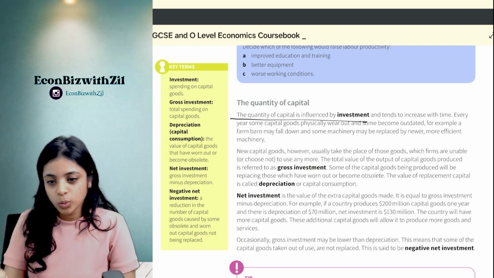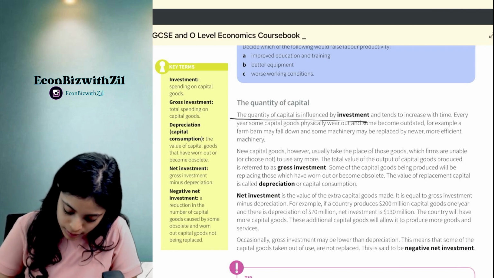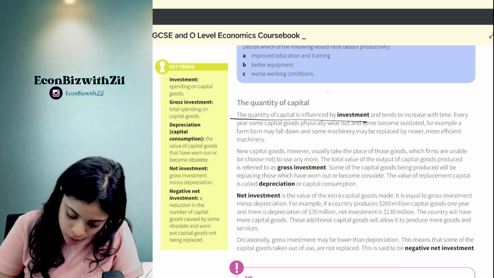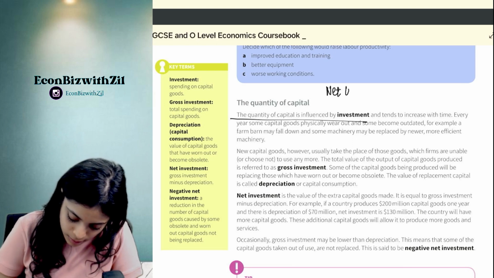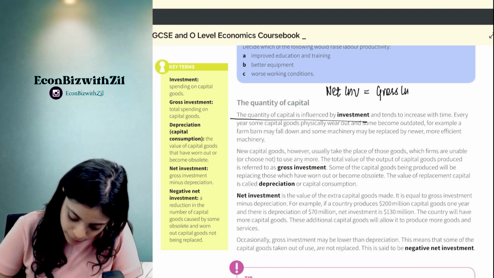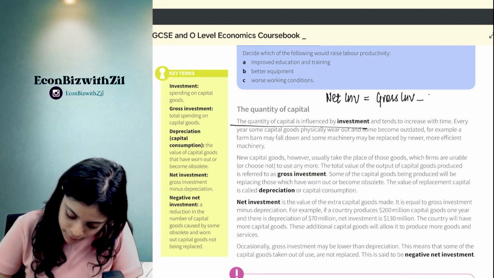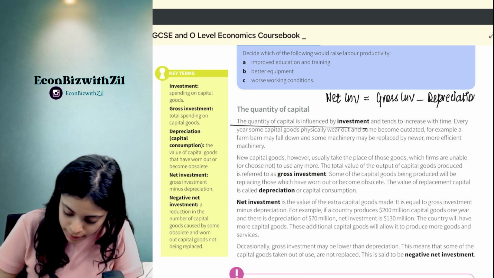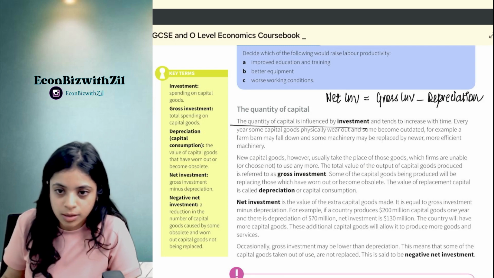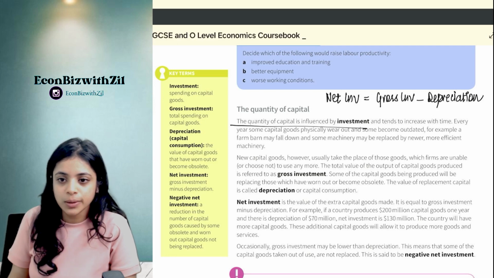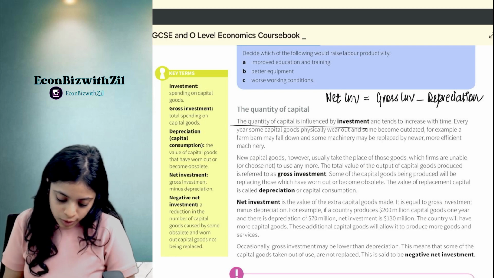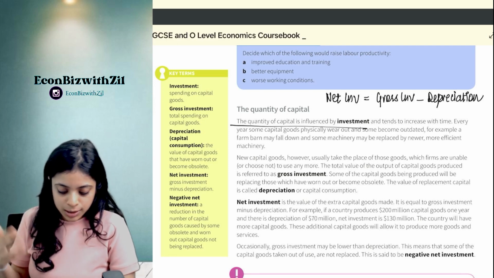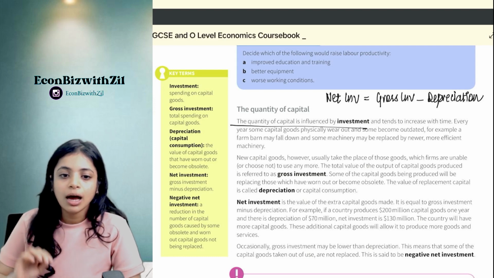Okay, there's one thing that we need to understand here, which is net investment. So net investment is nothing but your gross investment minus your depreciation. This is something which I've barely seen come in exams, but just because it's a part of the textbook, I'll just take you guys through it. So gross investment is your total spending on capital goods.